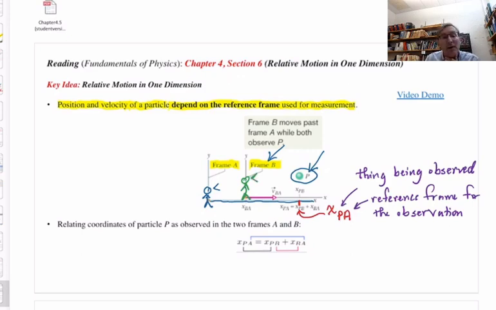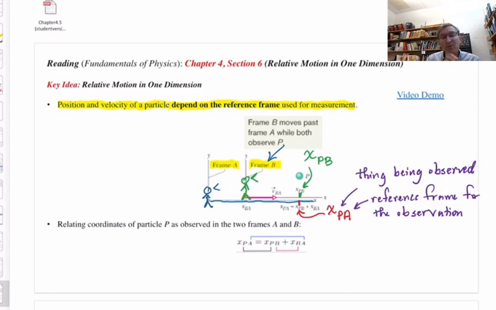And of course, they see particle P. And they have their own x-axis in frame B, and there's the tick mark on the x-axis for frame B that denotes the location of the particle P. And how are we going to denote that x value? It's going to be x sub PB, the x-coordinate of particle P as observed in frame B.